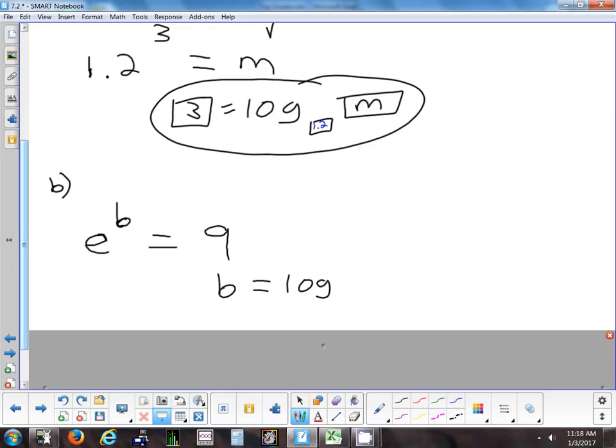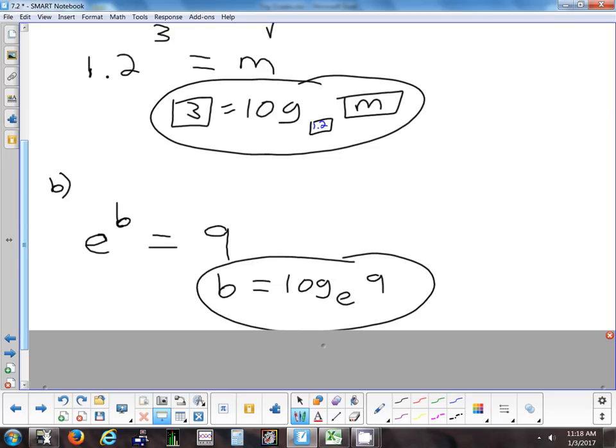Did you say base anywhere? You got to have a base in there somewhere. Oh, with e. Yeah, the base, log base e of 9. And that's it. So b equals log base e of 9. I'm going to come back to this one in a little bit. For now, I'm just going to leave it like that.